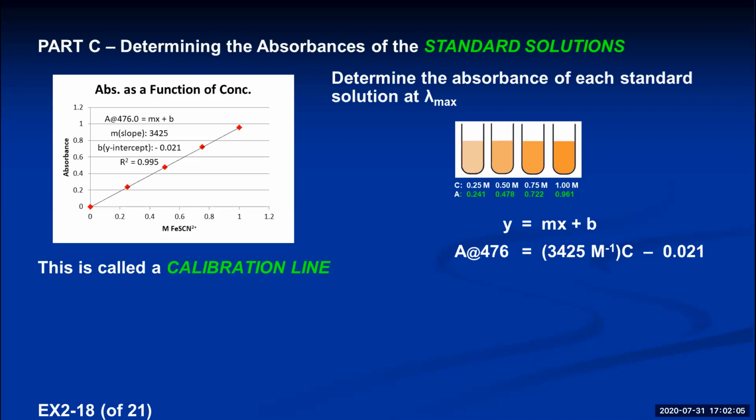We'll wind up using this in our next experiment. When we calculate the absorbance of an equilibrium solution, we'll plug that absorbance into the left side of the equation, and it'll allow us to solve for C, the concentration of the FeSCN in that equilibrium solution.